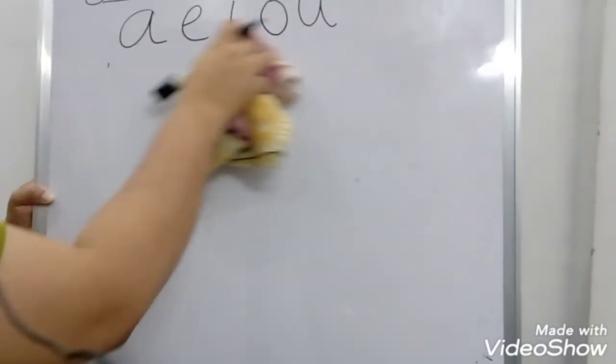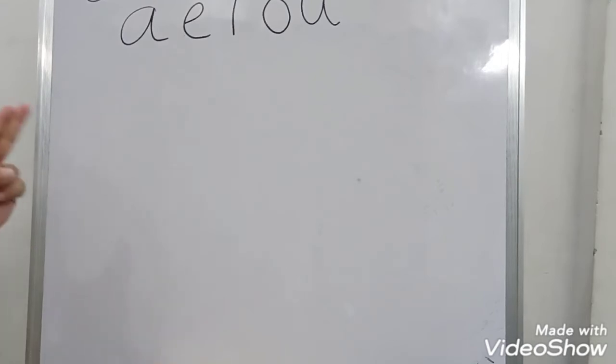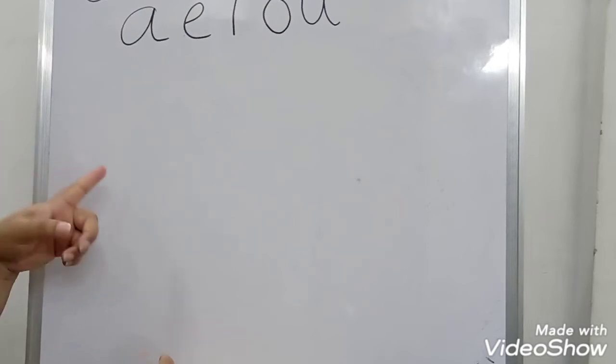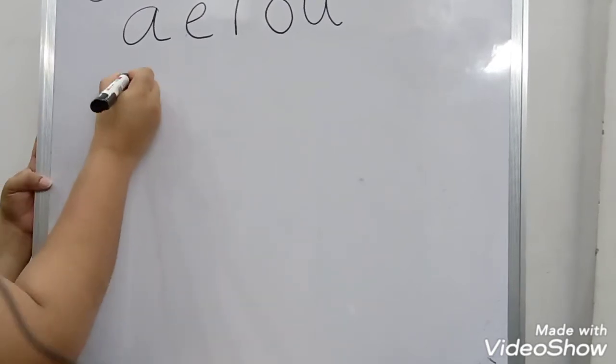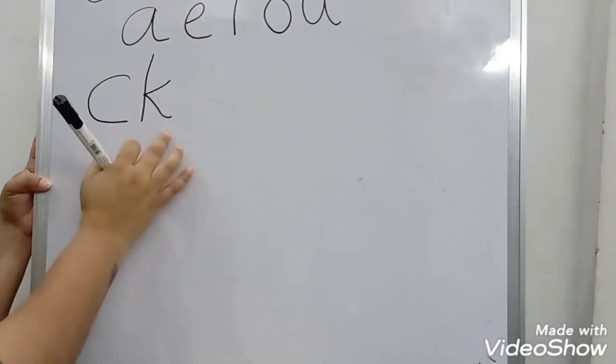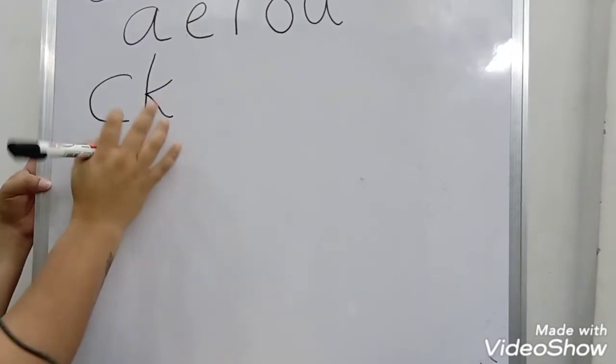So any two letters which make the same sound and are next to each other, we need to sound only once. When I introduced C and K, I told you that these two letters make the same sound.